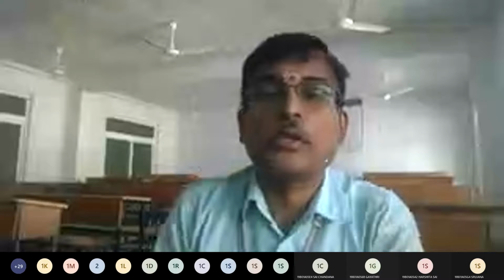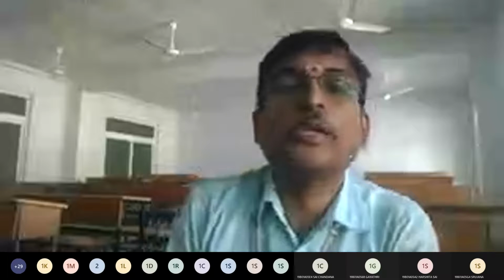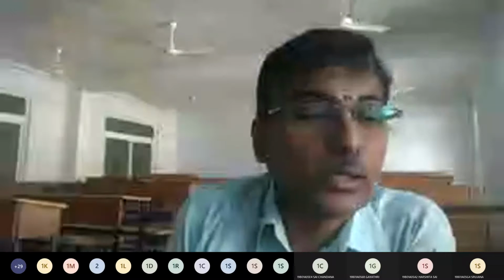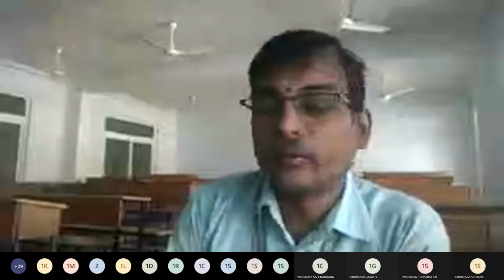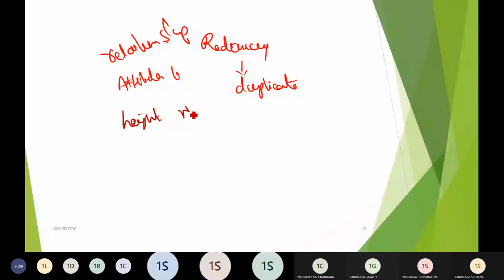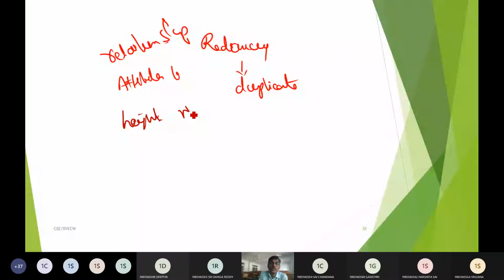So the intention was, if we are going to talk about height and weight, we need to correlate between height and weight. Thereby we will be getting the body mass index. So there is a strong relationship between the two attributes.